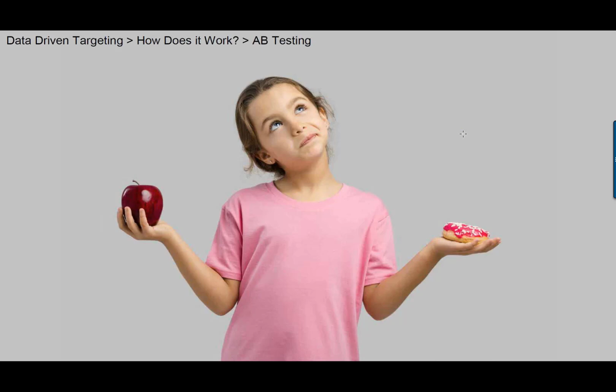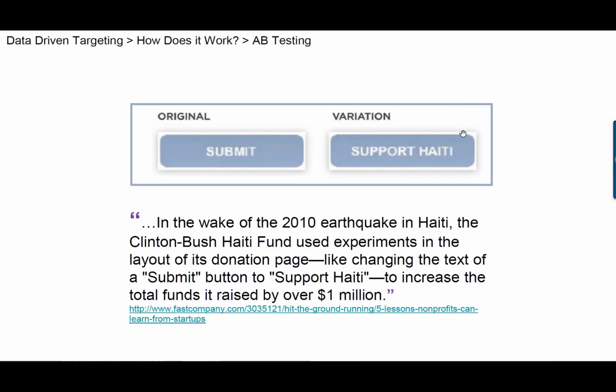Another way people do targeting, and this is often used in conjunction with evaluating and comparing recommender systems, is A/B testing, which really could be thought of as a test with 2 different test cases. One could do multivariate testing as well. So an early example of A/B testing on the web, or a good example, was when money was being raised for the victims of the earthquake in Haiti in 2010.